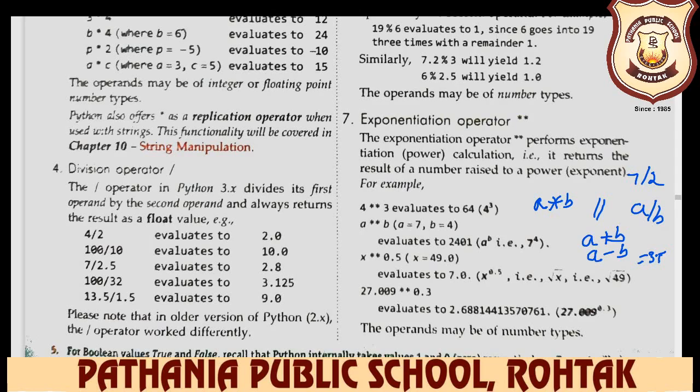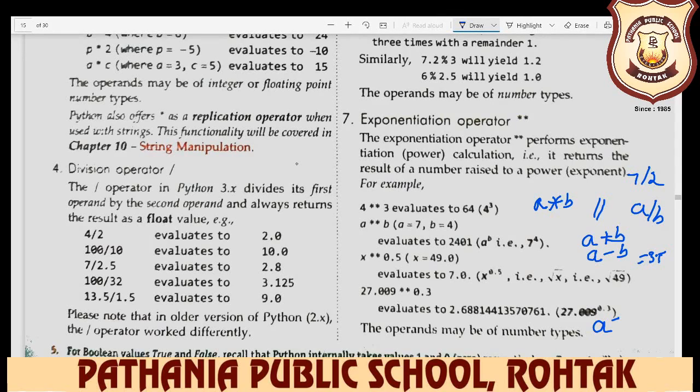To understand this, consider another example: a is equal to 13.9 and b is equal to 3.